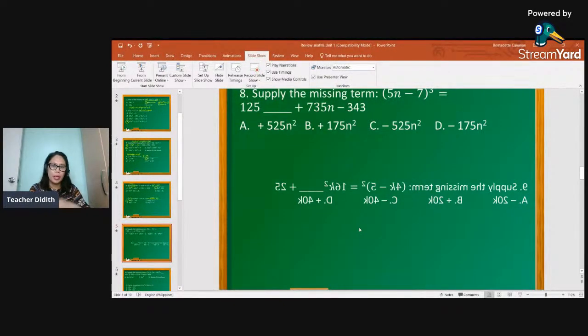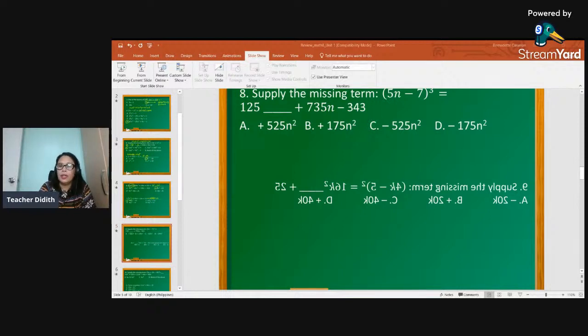Oh, nabaliktad yung 9. Okay, for number 8, supply the missing term. Okay? So, I'll rewrite this number 9 na lang. Supply the missing term. We have cube of binomial, and the second term is asked for number 8.